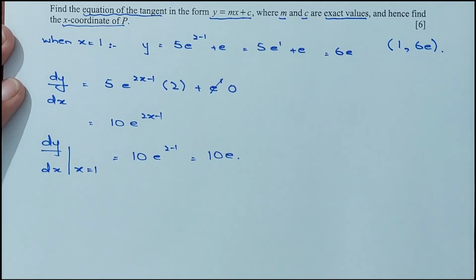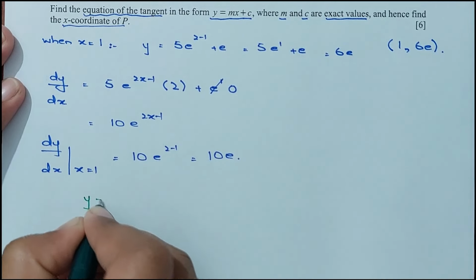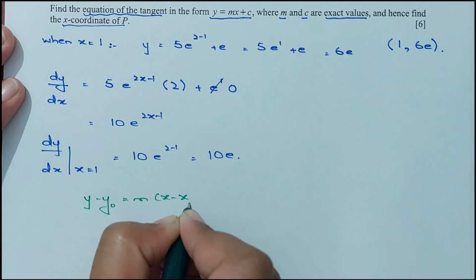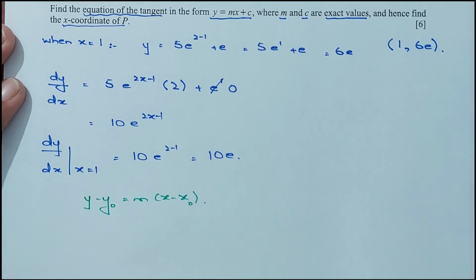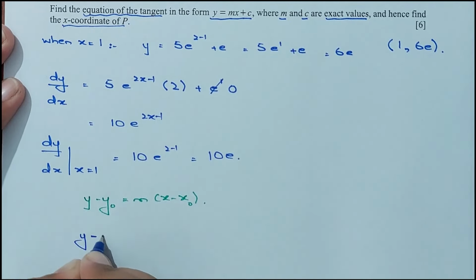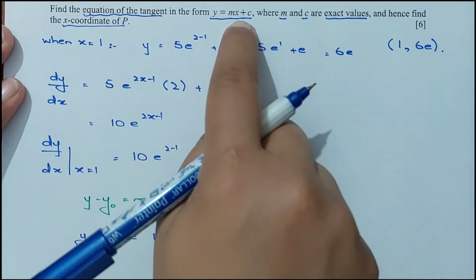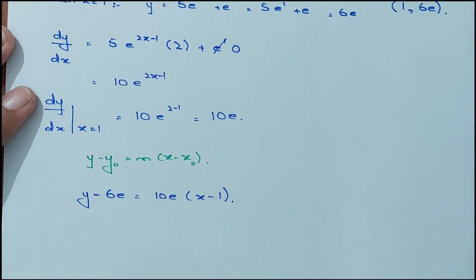Now let me write down the equation of the tangent, which is y minus y naught equals m into x minus x naught. Y minus y naught is 6e, m is 10e, and x minus x naught is x minus 1. We have to convert this into y equals mx plus c form.